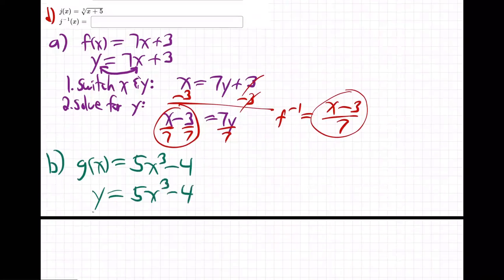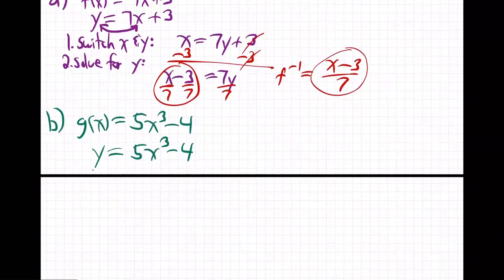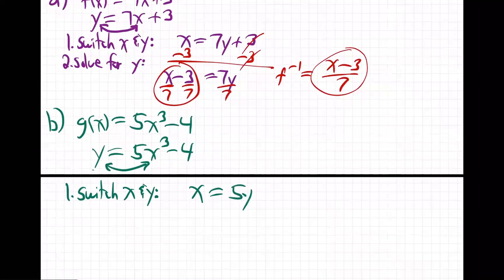Function values, f of x, g of x, those are your y, by common agreement in the math science world. And so then what do we do? Step number one, switch them, invert them. That's what it means to be an inverse function. You invert x and y. So these guys are going to trade spots. This will become x out here and y over there.